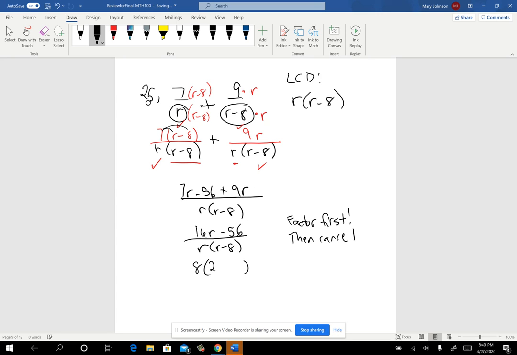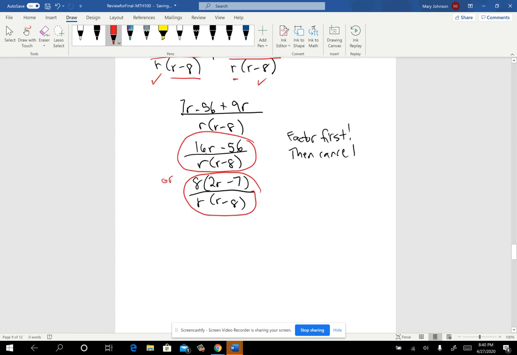So you'll factor out the 8, and you'll have 2r minus 7 left. And then you have an r times an r minus 8 in the denominator. Well, the factoring really didn't help us that much because there's nothing common that can be canceled out on the top and bottom. So you could leave it in factored form, or you could leave it all multiplied out, and either one of those would be considered finished, okay?